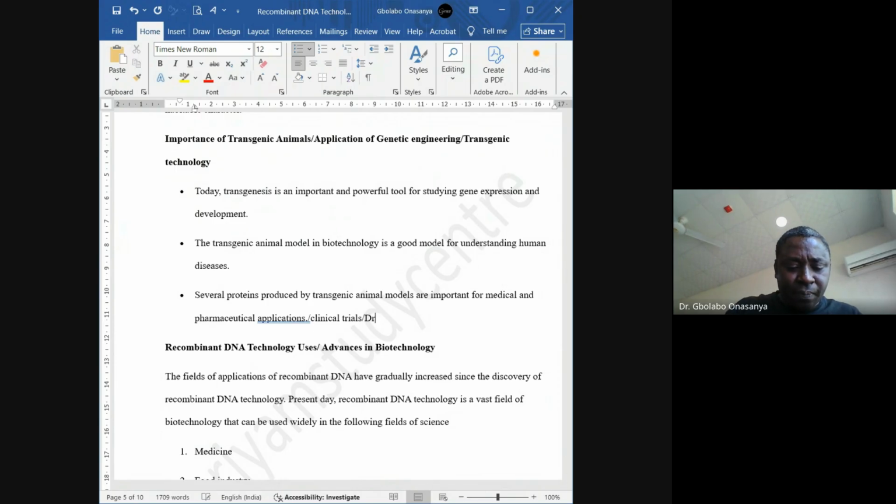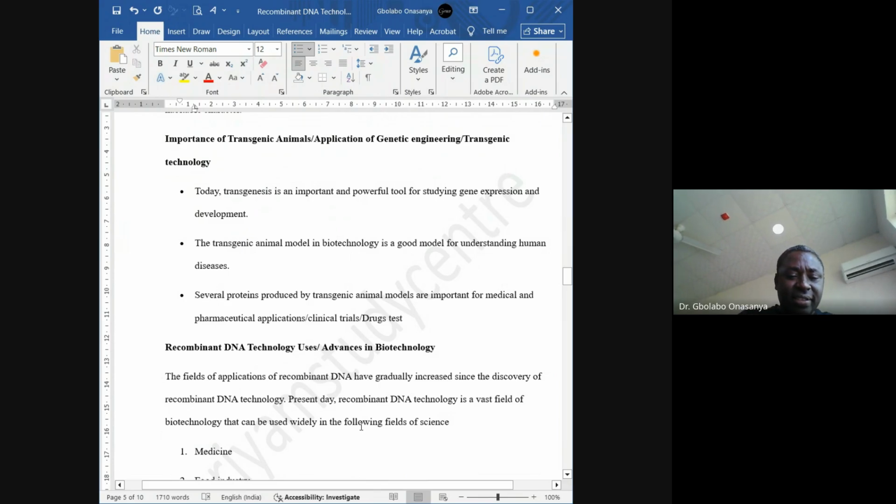So recombinant transgenic animals can be used to study gene expression, to understand human diseases, and to study how our body will respond to a certain drug. These are the clinical trials or drug tests.